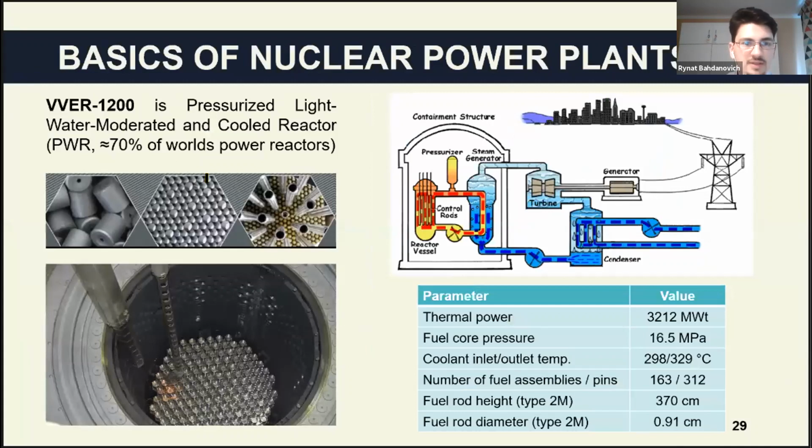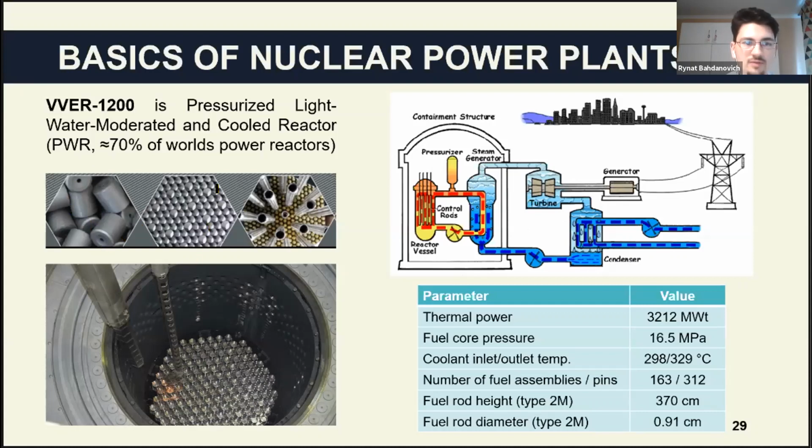Here I will explain the basics of plant operation on the example of VVER-1200. It is a pressurized light water moderated reactor. I already showed you the fuel. It's fuel pellets made of uranium oxide.